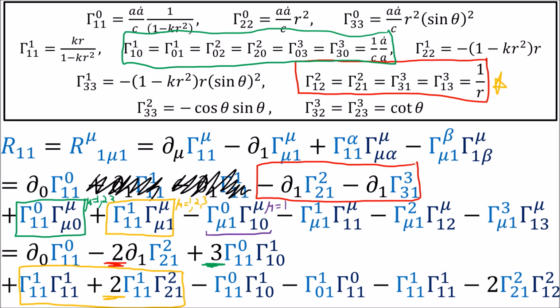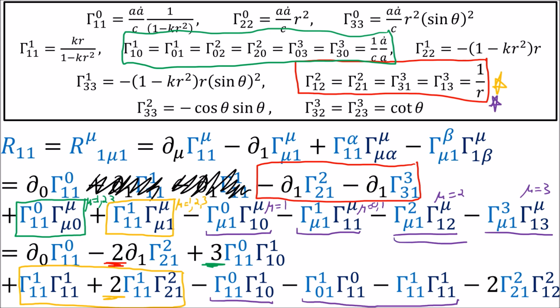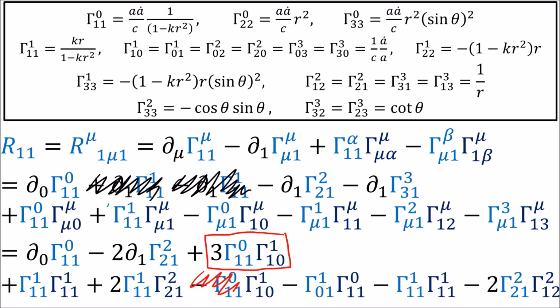This is mu equals 1, this is mu equals 0, 1. This term has mu equals 2, and this term has mu equals 3. And these last 2 terms are equivalent, so I'll write them once with a 2 in front. This 3 cancels with these to give 1, and this cancels with this.